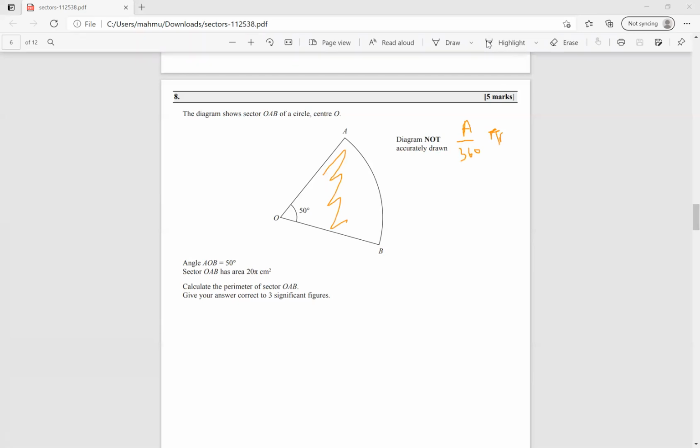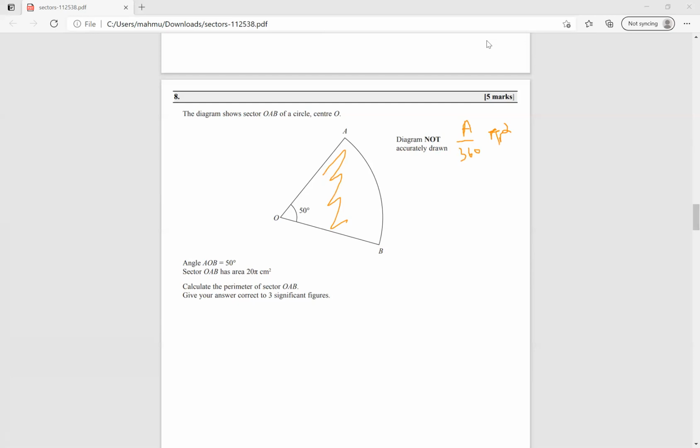So, first of all, this is the formula. They're saying A is 50 divided by 360. Pi stays the same, but we don't know the r, so we keep r squared. And they're saying all this area adds up to 20 pi here. So that equals 20 pi. Yeah.